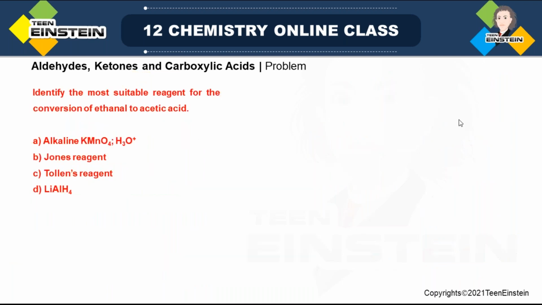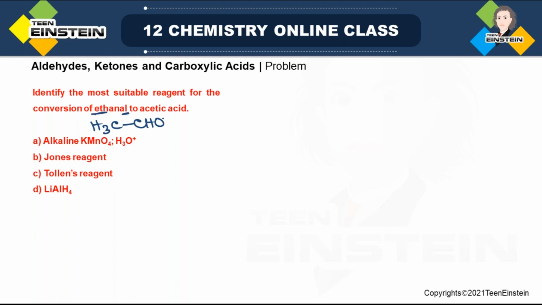Next problem. Identify the most suitable reagent for the conversion of ethanal to acetic acid. Now, ethanal means what? Al means it is an aldehyde, and eth means 2 carbon. So the 2 carbon aldehyde is CH3CHO, which is nothing but acetaldehyde.